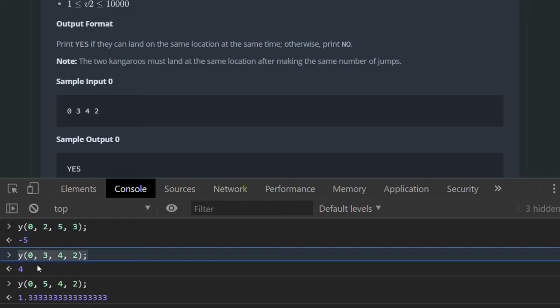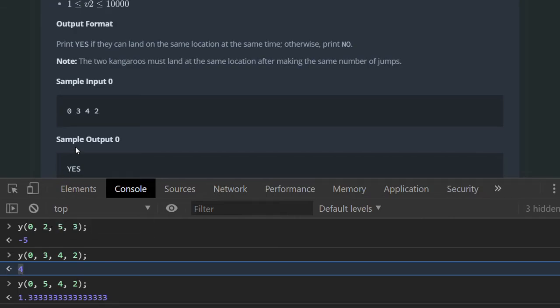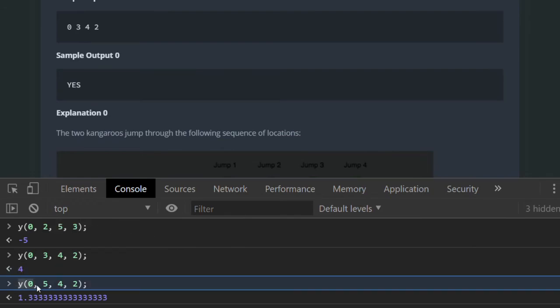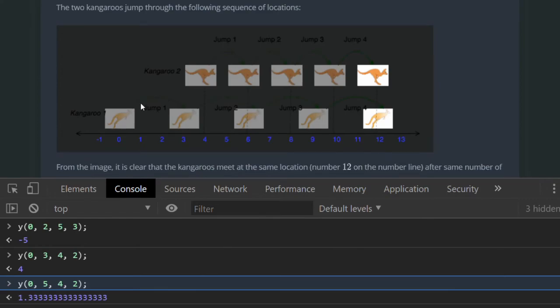But for this example, the result is 4, which means after 4 jumps, they will land at a specific point. And in this example, where x1 starts at 0 and moves 5 each time, and x2 starts at 4 and moves 2 each time, this means that they will reach at 1.3 jumps, which, since they go only by integers, does not make sense.